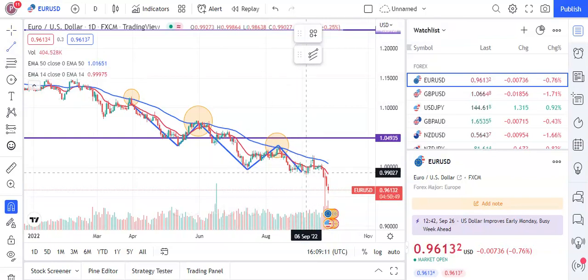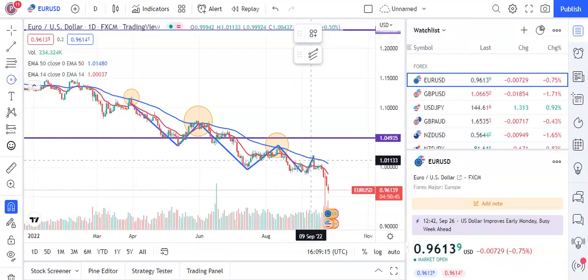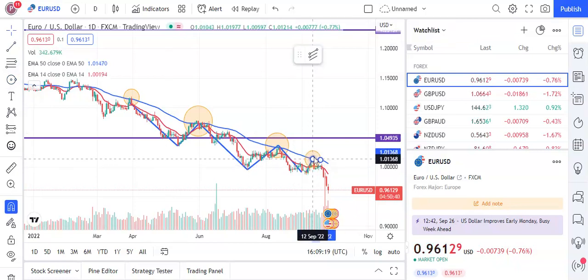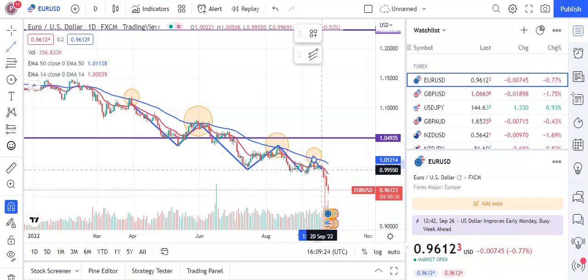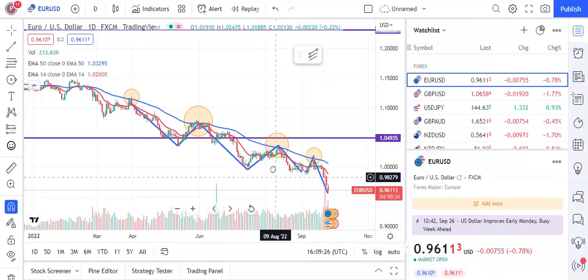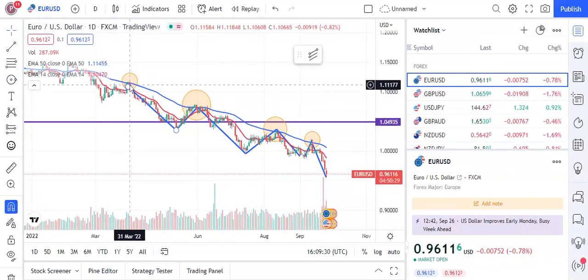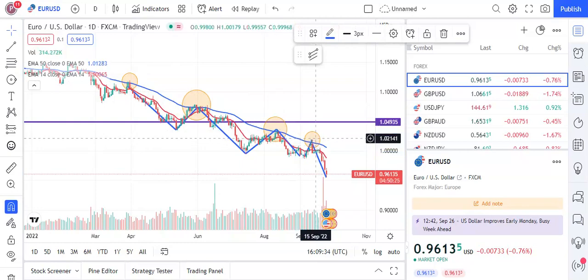And price got to this point and it pushed, and is pushing down. Here is the daily time frame. Now you can see I can identify a point 1, 2, 3, 4.